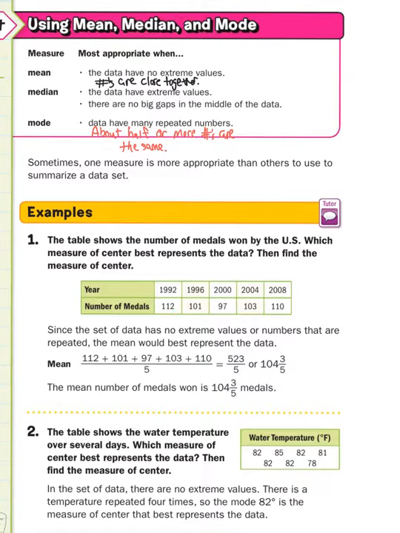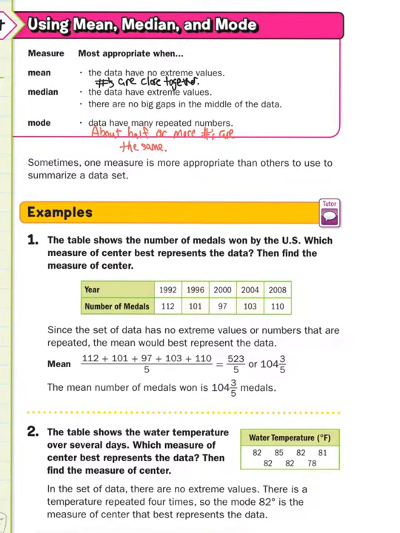You would choose median if there was one number that was way bigger or way smaller. Like maybe in 2012, if we won 300 medals, that would be an extreme value. So because the numbers are close together, no extreme values, you would choose mean. And then here's what they did. They added them up, divided by 5, got 104 and 3/5 as the measure of center. Okay, so got it. You choose the best one based on this chart, and then you find it.